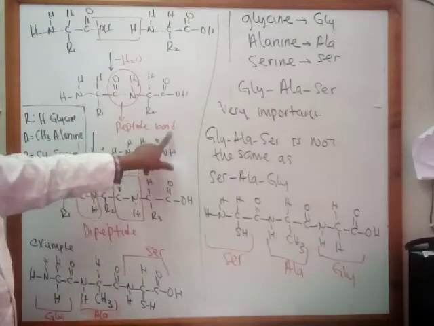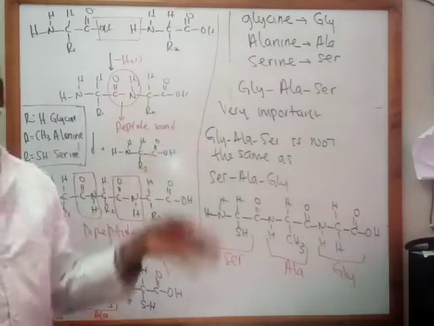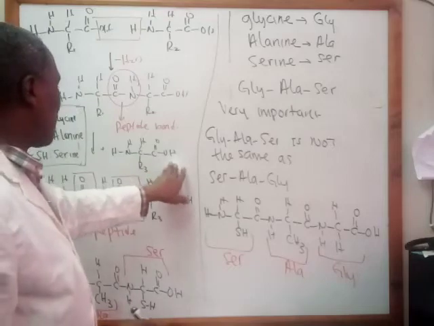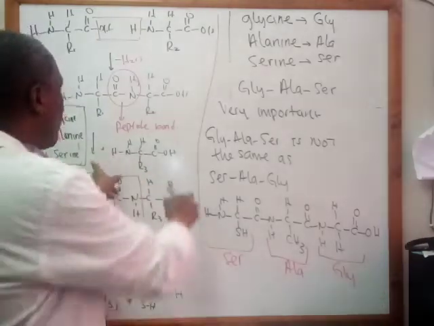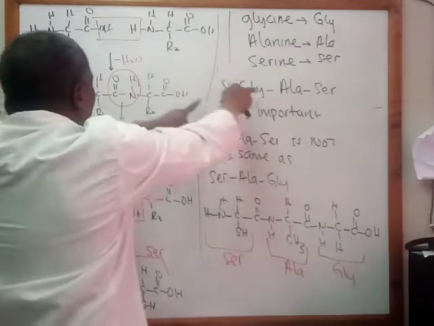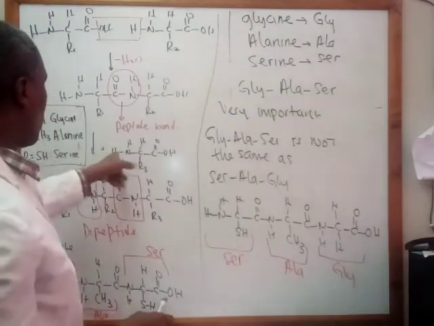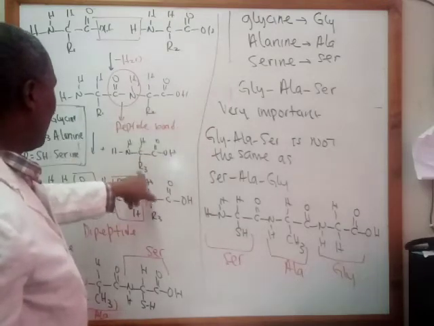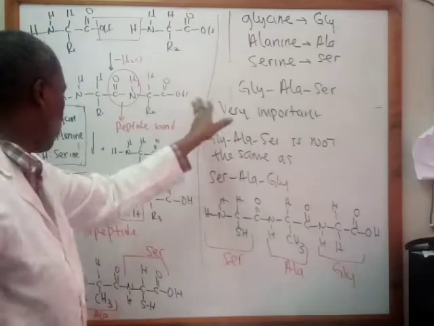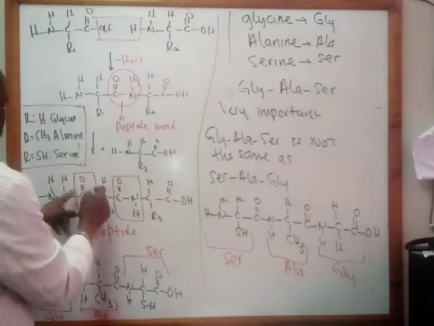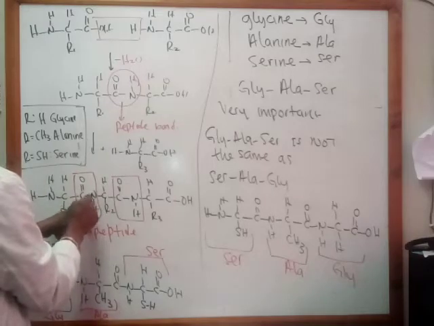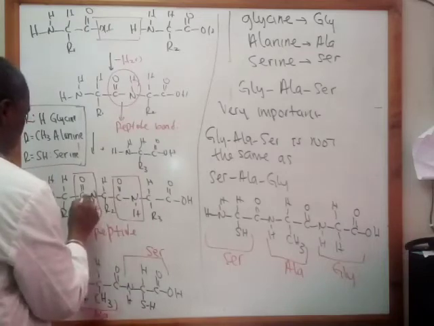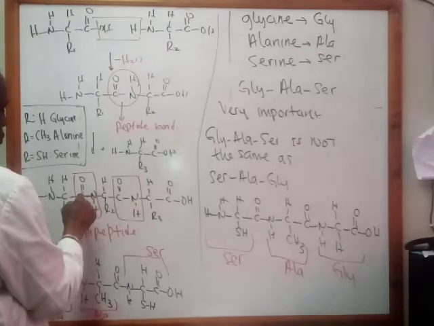Now, with the other amino acids, this avoids ambiguity. So if I've got the second amino acid, what I'm saying is that this amino acid is going to be joined on this side as opposed to this other side. So in this case, if it is joined here, this R3 is going to be next to the R2 because it will be joined on this side. The one which I've shown in red is the peptide bond, which is formed as a result of the loss of water.